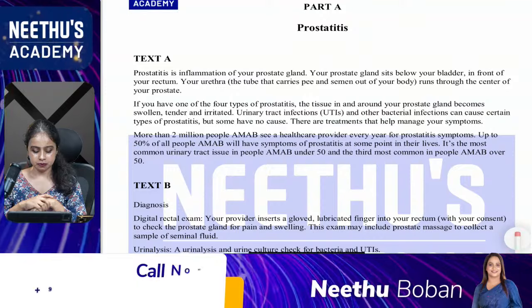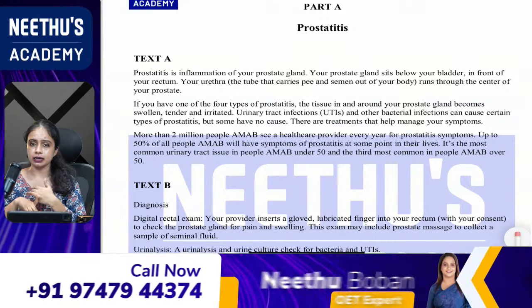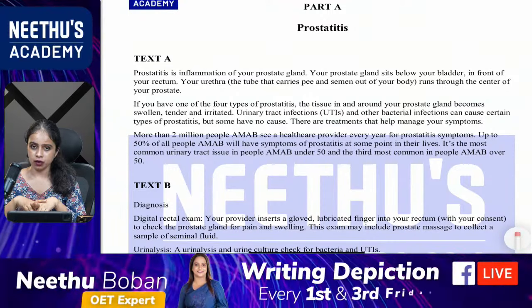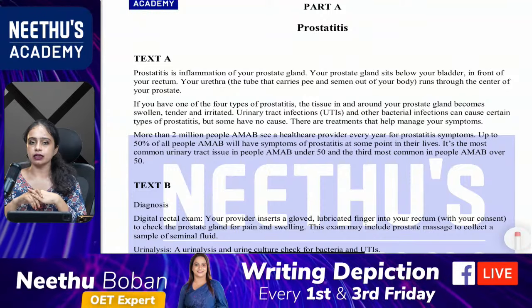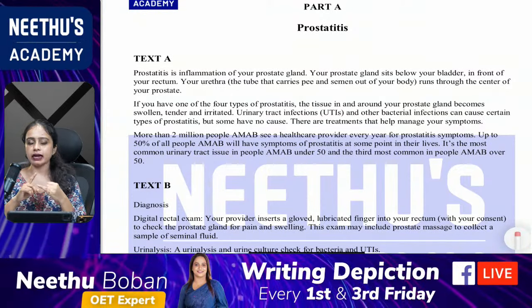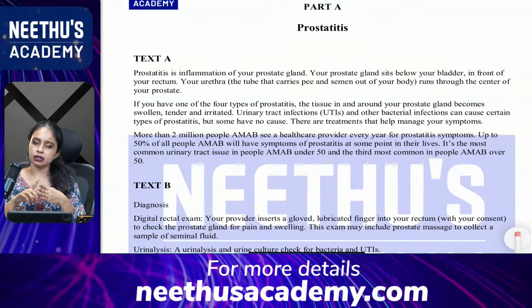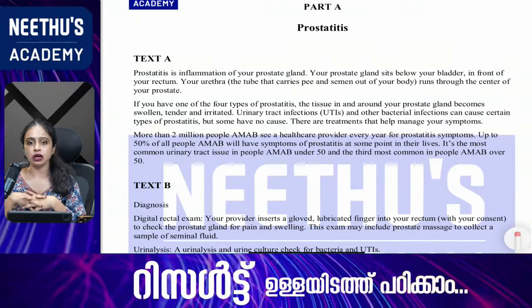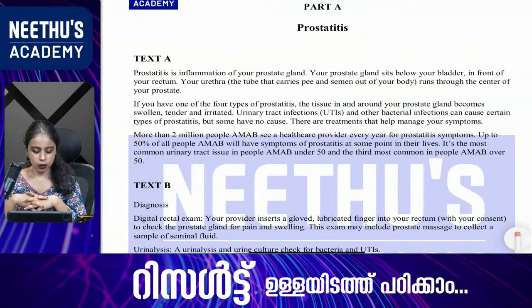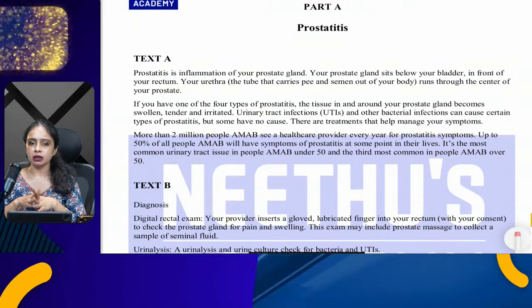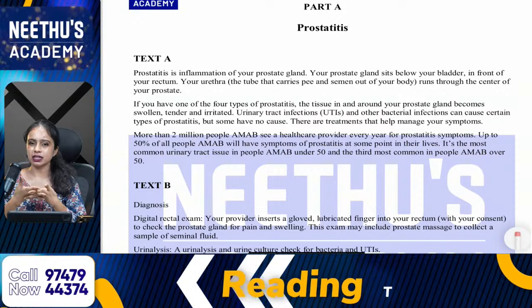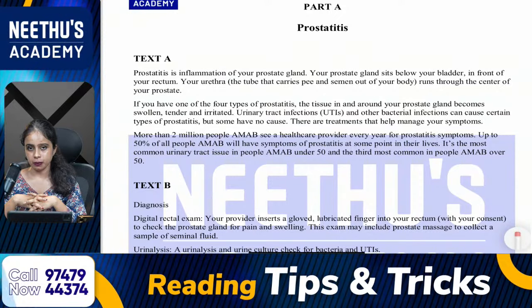Any idea? Diagnosis is a word that can be related with experiment. Test is a word that can relate with experiment. Identification is a word that can relate with experiment. Ascertain is another word that can be associated with experiment. Likewise we can mark all the words that can relate with experiments.